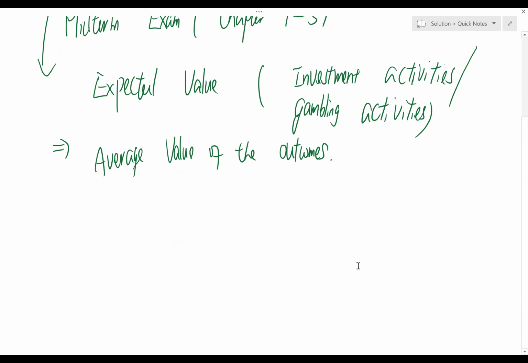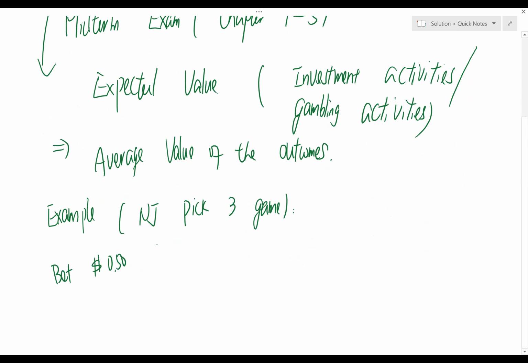Okay, so now let me give you an example. Let's say we're playing the New Jersey Pick 3 game. You're betting, let's say, 50 cents, and then you select a 3-digit number ranging from 000 to 999.